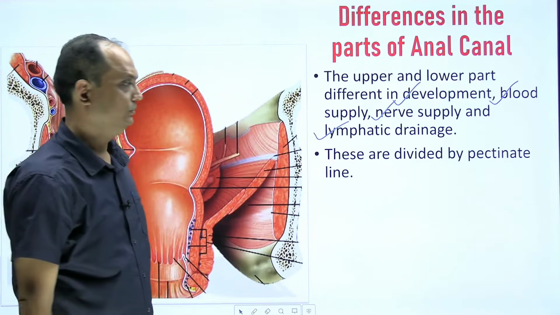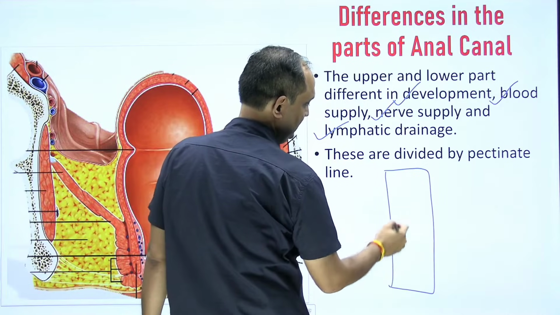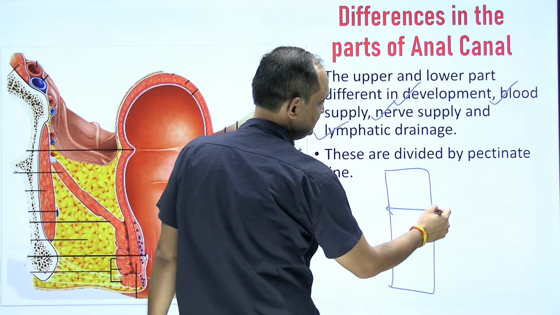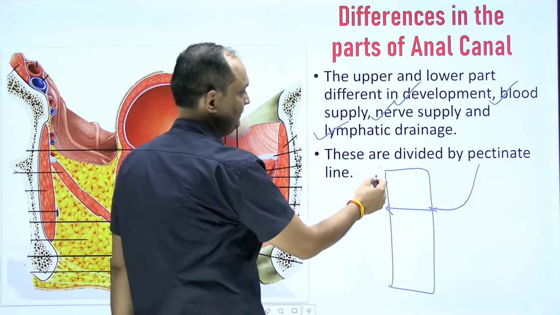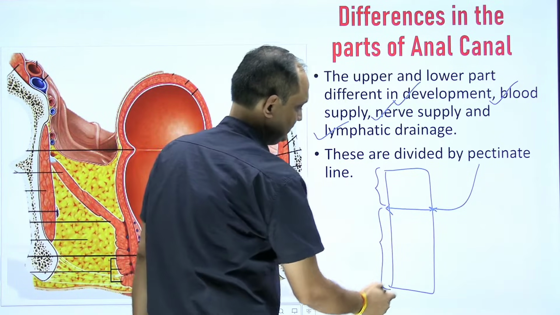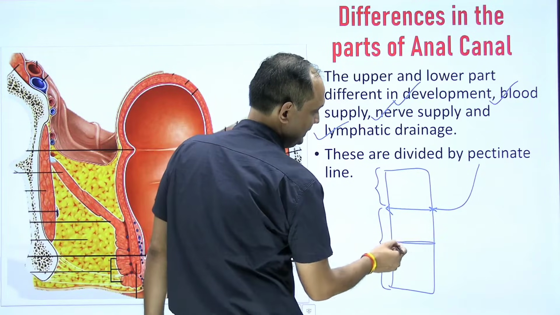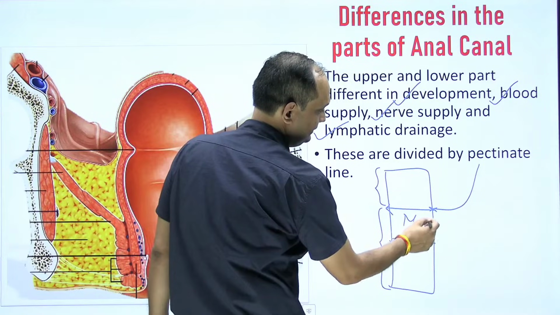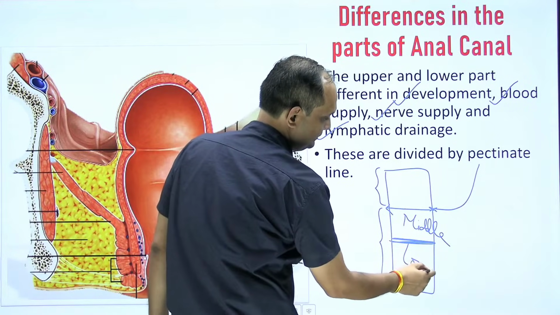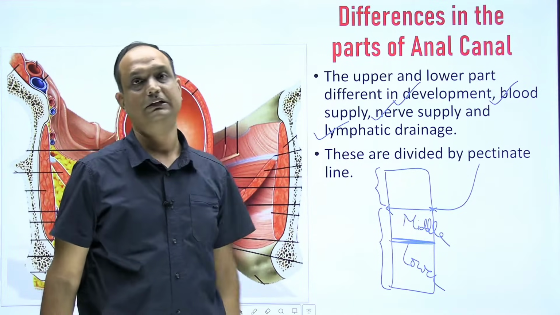I just told you that you first divide the anal canal into two parts, and this line is known as the pectinate line; this is the upper part, this is the lower part. Now, this lower part is further divided into two parts by the white line of Hilton. This is known as the middle portion and this is known as the lower portion. Clear? So, in this way you have the three parts of the anal canal.